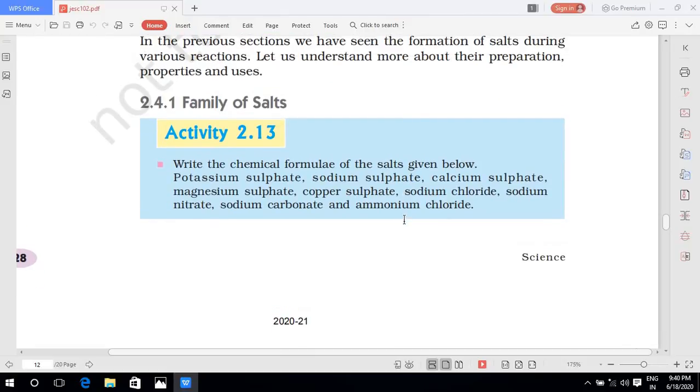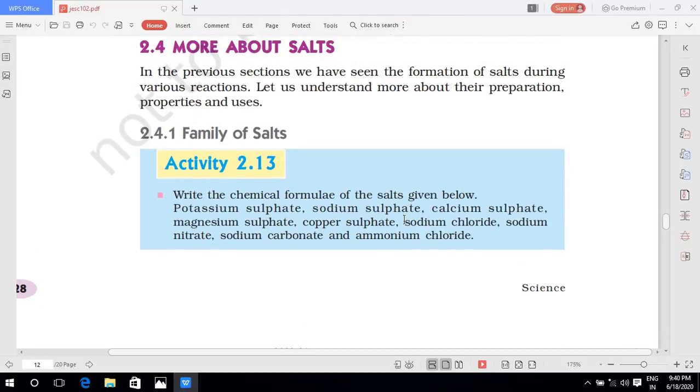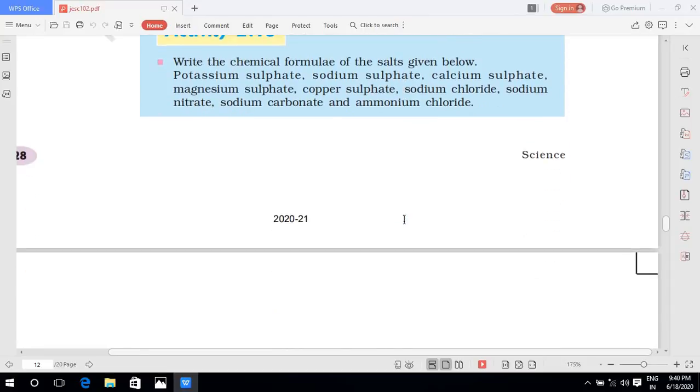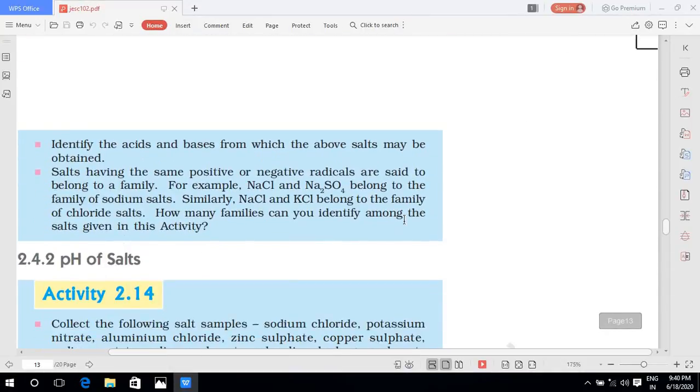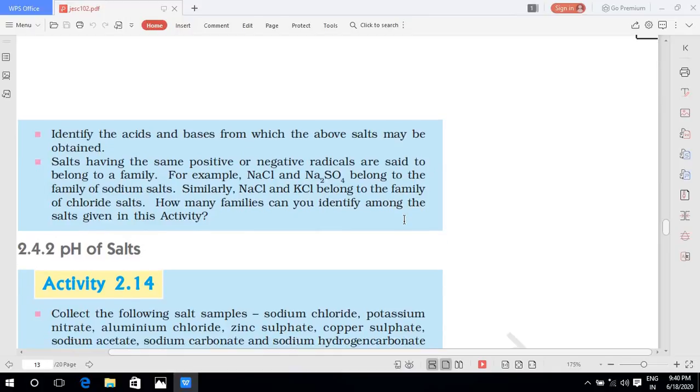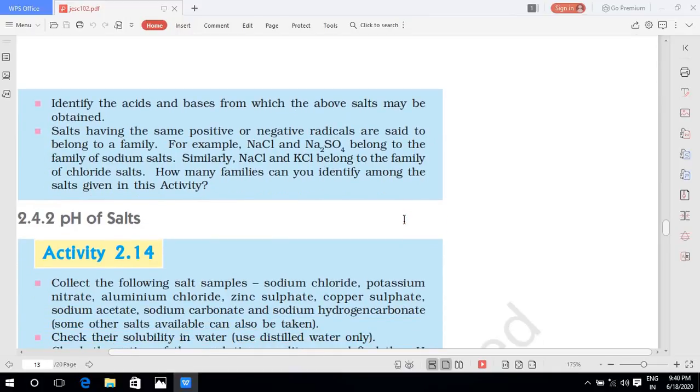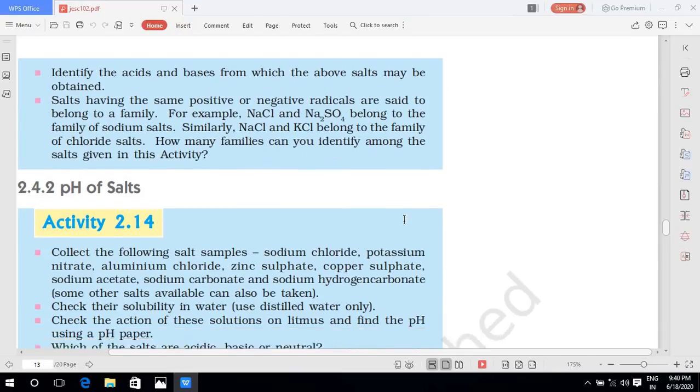So that's the family of salts. We have lots of salts, but we don't need to know all about those salts. The few handpicked salts mentioned, such as sodium sulfate and sodium chloride, are necessary.